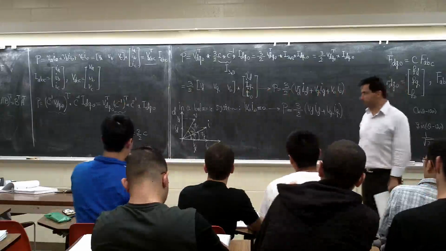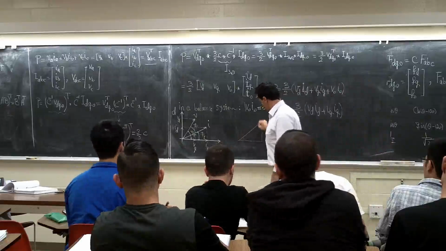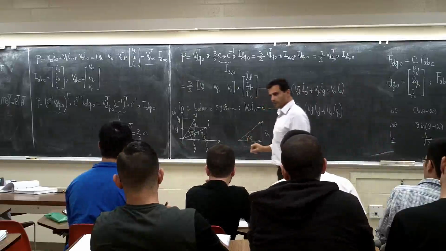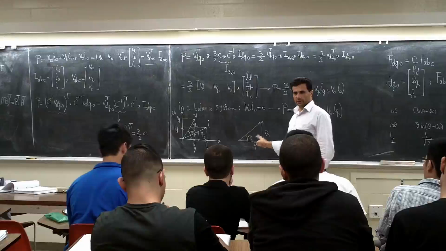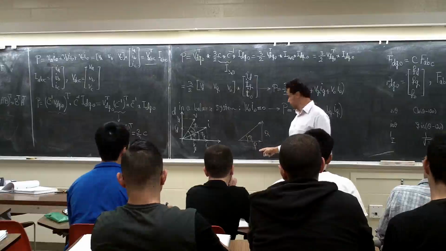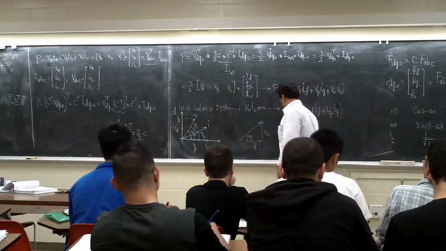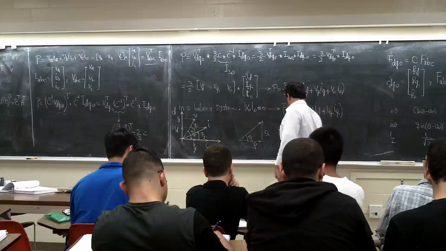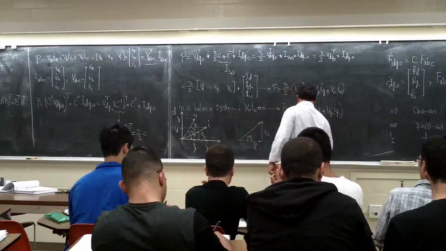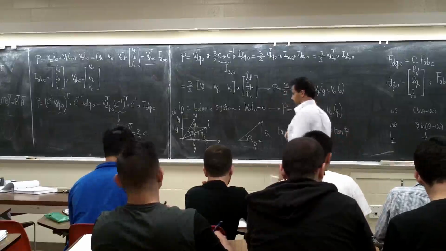What's the relation between P and Q? If this is P, this is Q. Sine and cosine. Tangent phi is equal to Q over P, right? Or Q is equal to P tan phi, right?